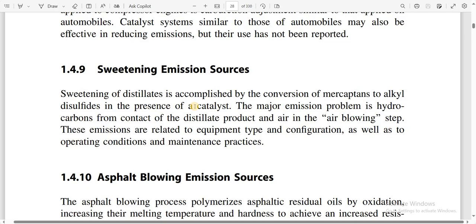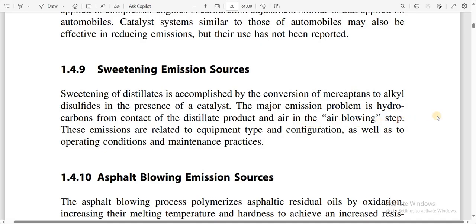Sweetening of distillates is accomplished by the conversion of mercaptans to alkyl disulfides in the presence of a catalyst. The major emission problem is hydrocarbons from contact of the distillates product and air in the air blowing stage.